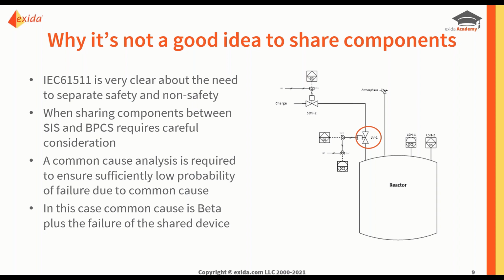So we have to be very careful when we do this, and it does require a form of common cause analysis, because what we have to make sure of, and this is why it doesn't say you can't do it, but what it says is that you have to make sure that we have sufficiently low probability of failure that could be due to a common cause. And usually common cause is measured by the beta factor, which we'll talk about, but it's not just a question in this case of what the common cause factor is, it's also the failure of the shared device. And more importantly, it's the dangerous failure of the shared device.